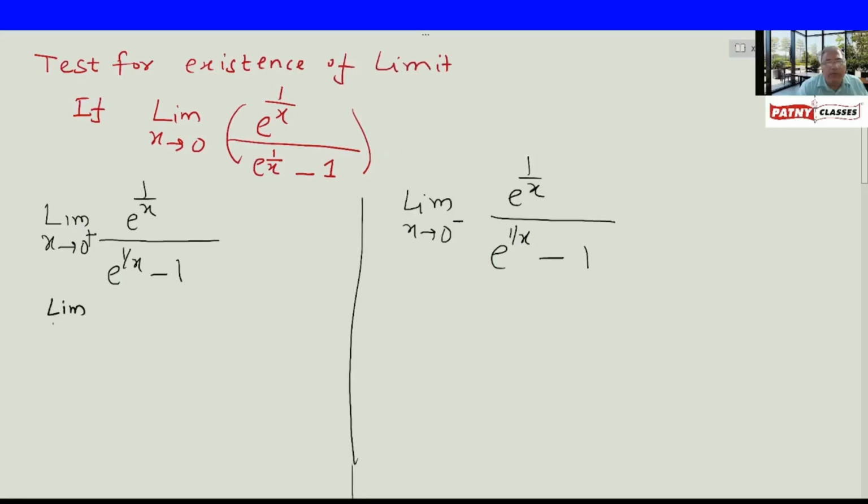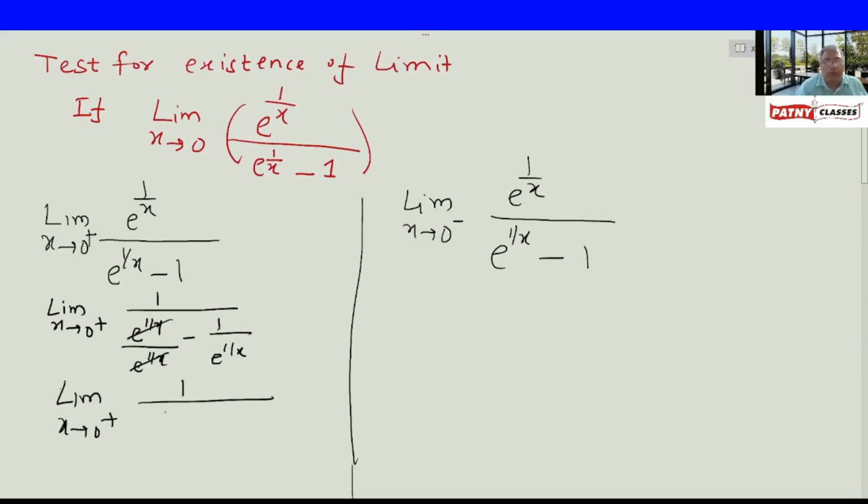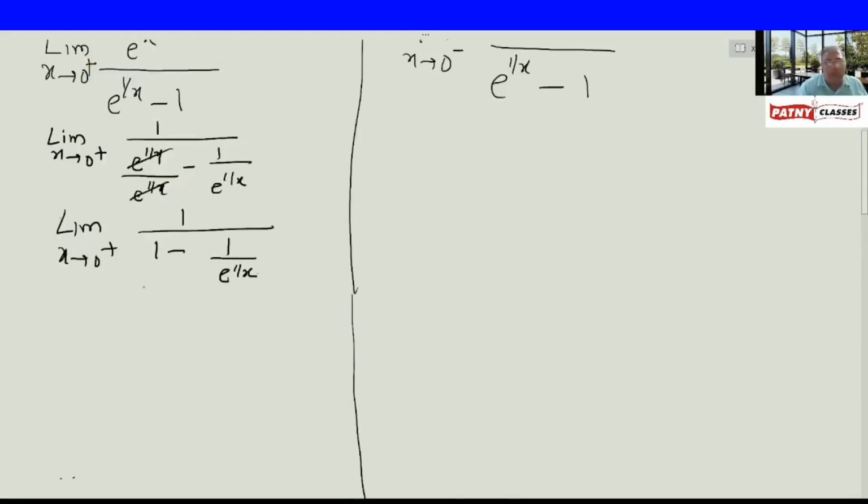Simplified as limit x tending to 0 plus 1 upon e raised to 1 upon x divided by e raised to 1 upon x minus 1 upon e raised to 1 upon x. Limit x tending to 0 plus 1 upon this and this cut down, 1 minus 1 upon e raised to 1 upon x. We know that limit x tending to 0 e raised to 1 upon x equals infinity.